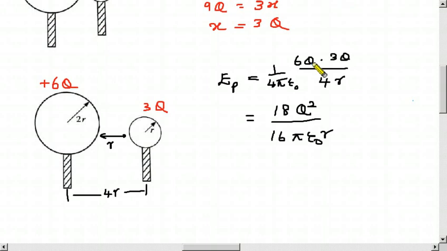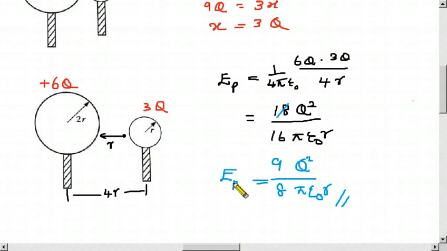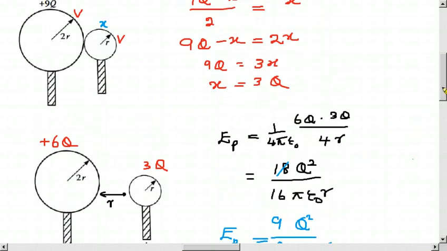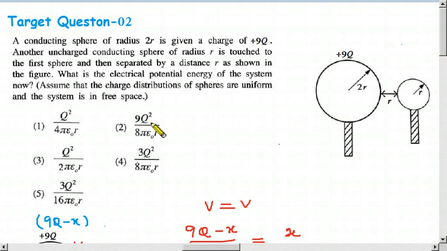So divide by 2, this becomes 9 q squared, then 16 divided by 2 is 8. This one is the final answer. Furthermore, we can't simplify because we have received a 9 here. 9 divided by 8 q squared. So this one is the answer for this question.